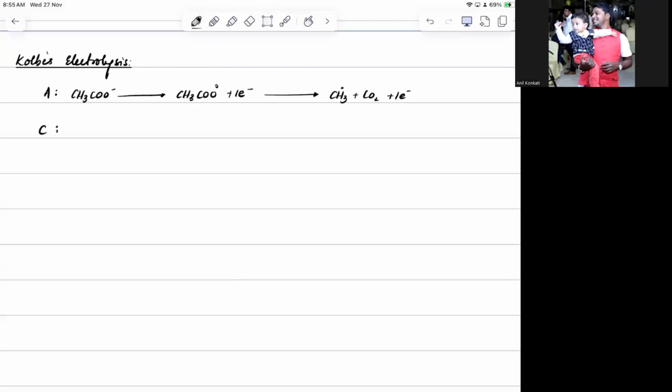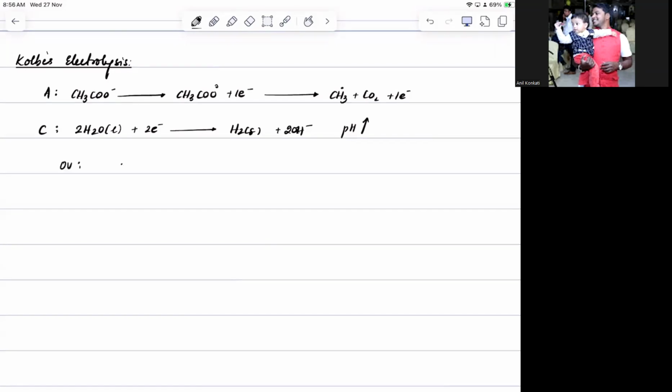While at cathode, you will notice that 2H2O liquid plus 2 electrons will convert into H2 gas plus 2 OH minus. Since OH minus is increasing, pH value will increase in the overall reaction.